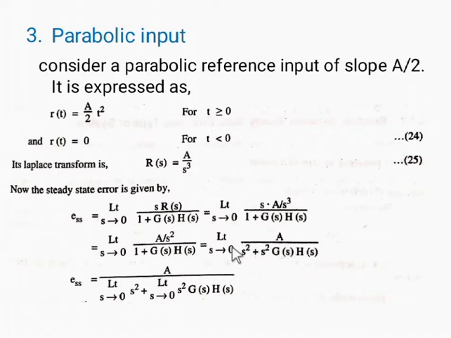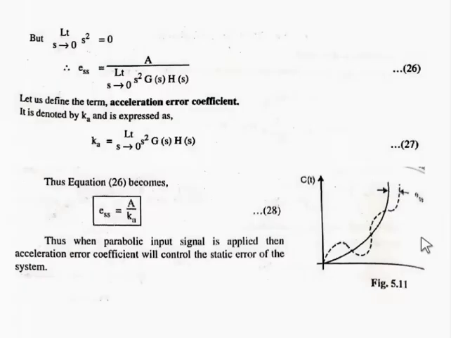If we apply the limit for this denominator, limit s tends to 0 of s square plus limit s tends to 0 of s square G(s). Also if we put the value of s equal to 0 in this, it becomes 0. So the remaining term, steady state error, equals A divided by limit s tends to 0 of s square G(s).